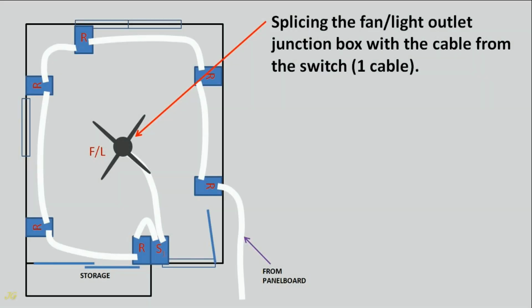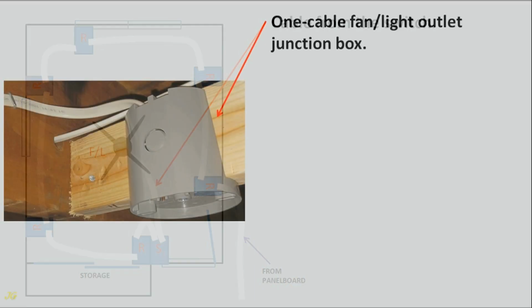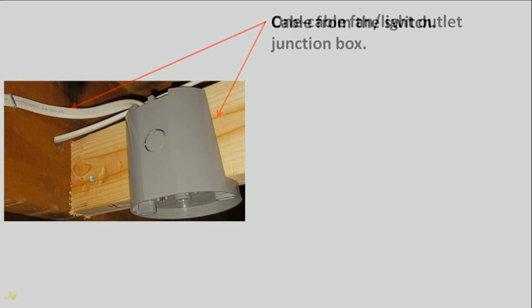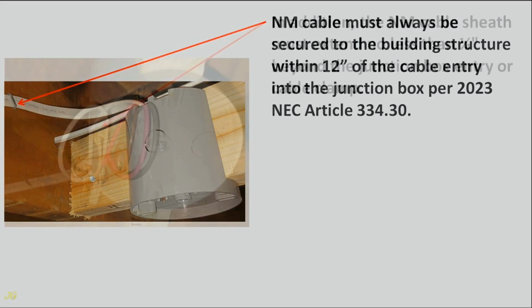Splicing the fan light outlet junction box with the cable from the switch, 1 cable. Cable from switch. 1 cable fan light outlet junction box. Cable from the switch. NM cable must always be secured to the building structure within 12 inches of the cable entry into the junction box per 2023 NEC Article 334.30.